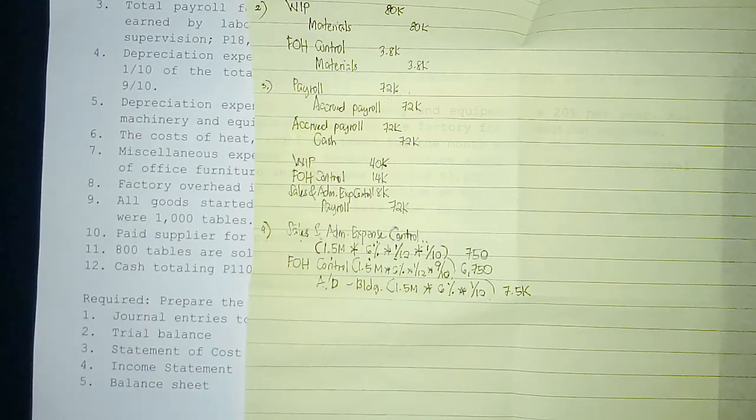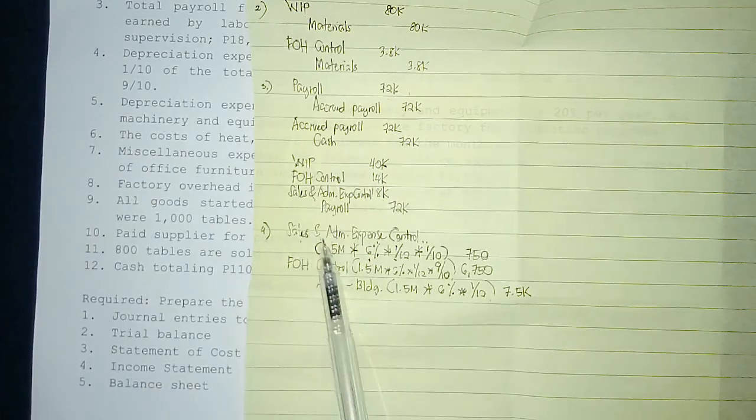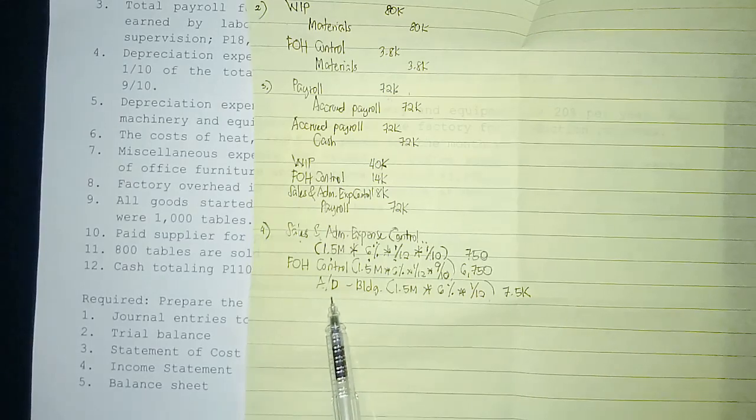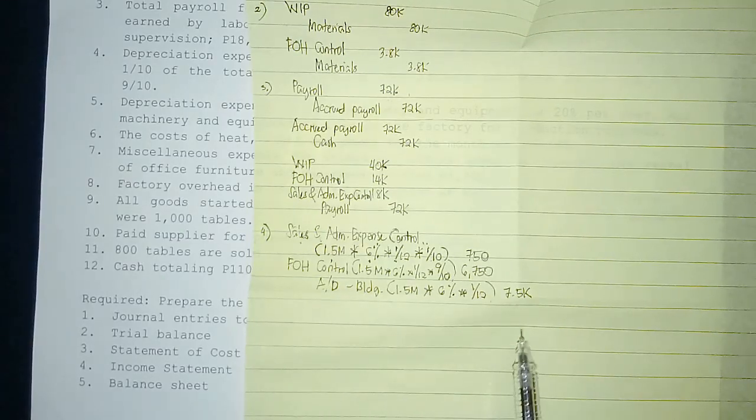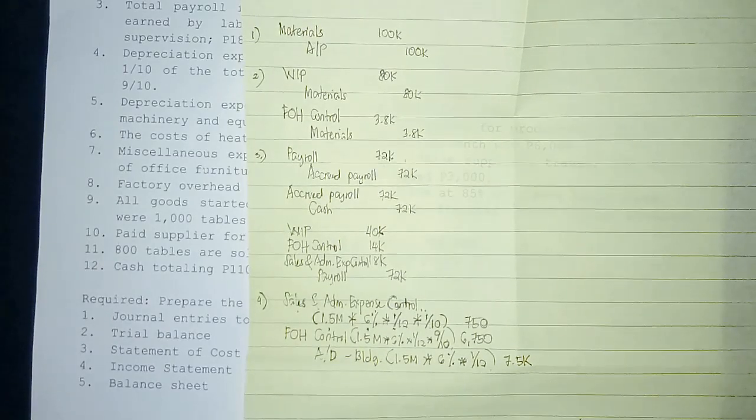Okay, to record yung depreciation ng building, debit sales and administrative expense, debit factory overhead control, credit accumulated depreciation, building 7,500 pesos.